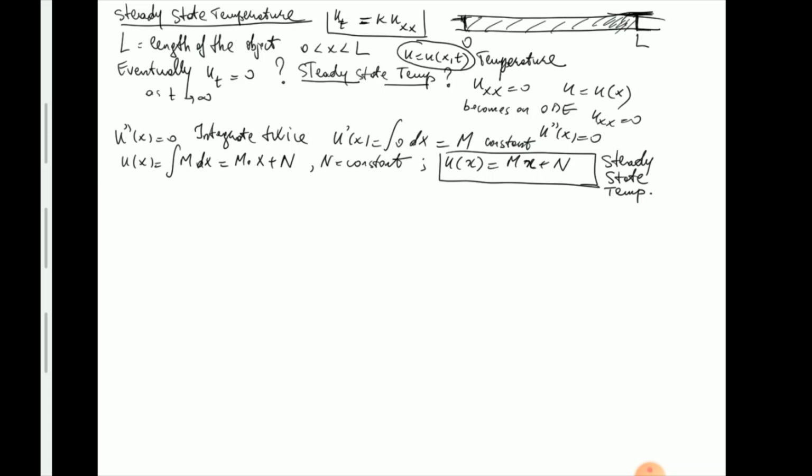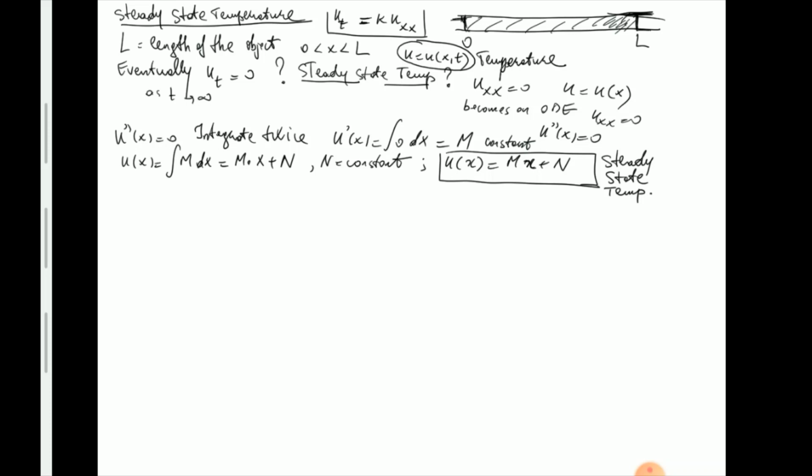Now here comes the part in which I really want you to imagine what happens with the heat as it circulates in the object for various boundary conditions. When I'm going to formulate the boundary conditions, again, I'm going to drop the t variable.